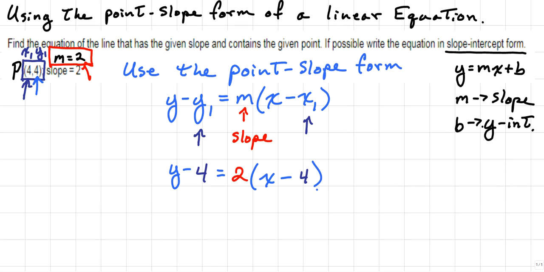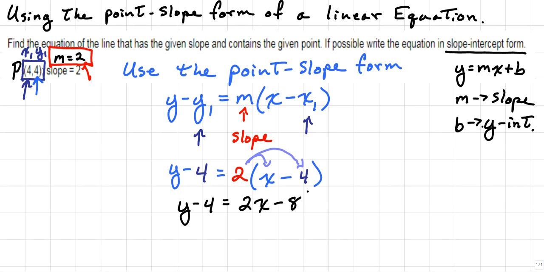The reason that we need to solve for y is because our slope-intercept form is in the form y equals mx plus b. So now what we'll do is distribute the 2 over the x and the negative 4, which is going to give us this new equation: y minus 4 is equal to 2x minus 8.